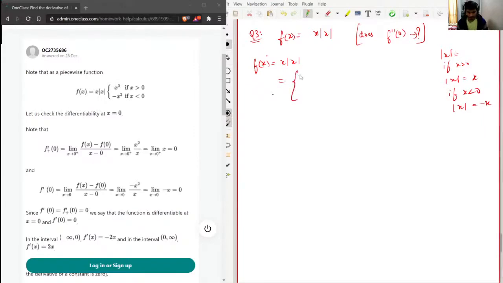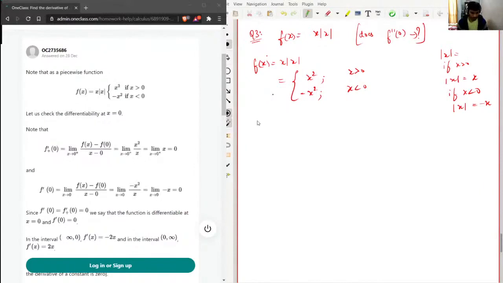So for this function, when x is also multiplied here, for x greater than 0 this will be x square. For x less than 0, this is minus x square, and this will be for the negative condition. Now we are going to find the derivative.